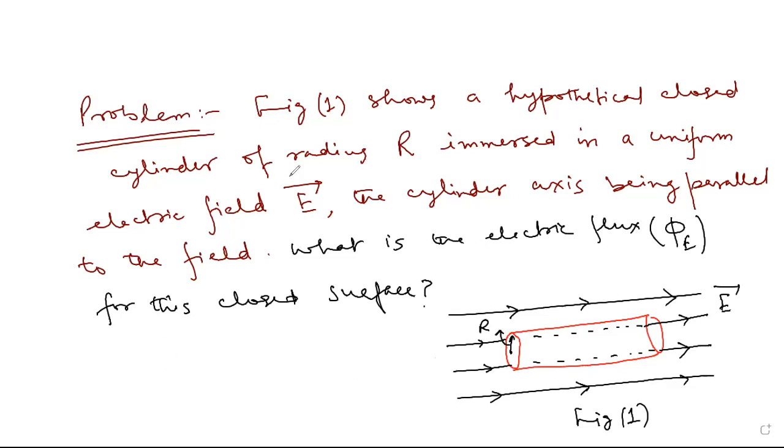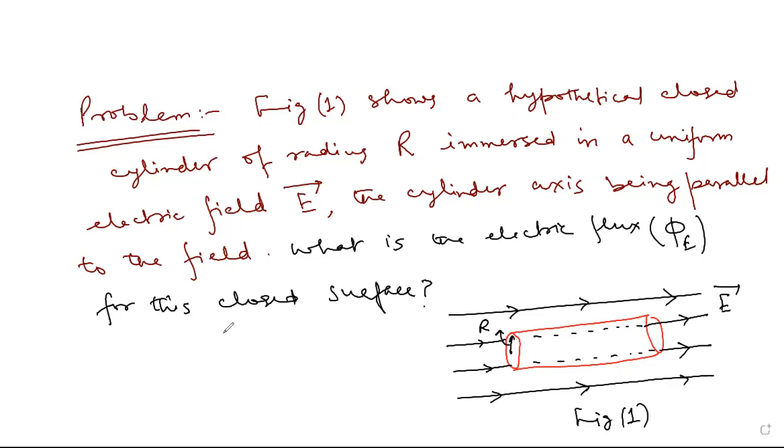Now let me check the question first, then I will move. Question says figure 1 shows a hypothetical closed cylinder of radius R immersed in a uniform electric field E. The cylinder axis being parallel to the field. What is the electric flux phi E for this closed surface?